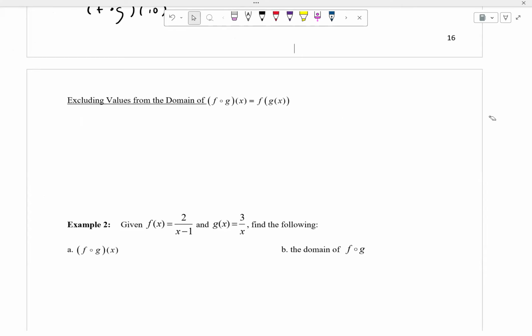Okay, excluding values from the domain of a composite. Don't plug in numbers. That will break the composite.